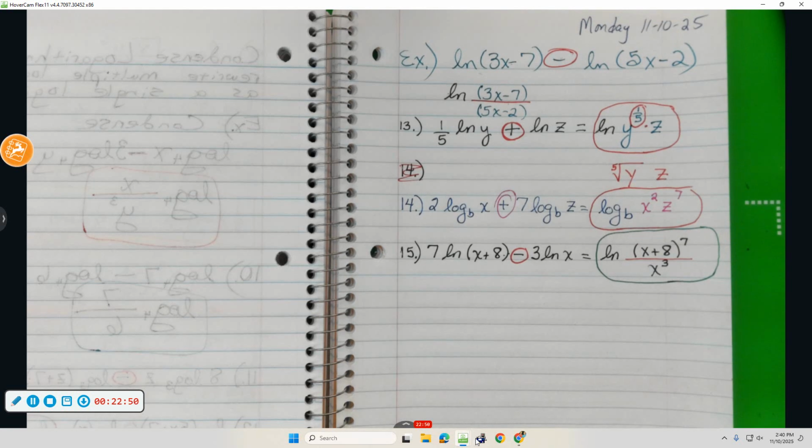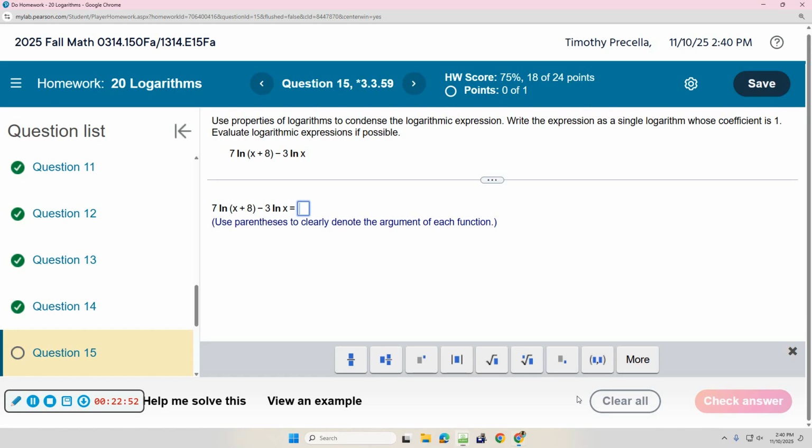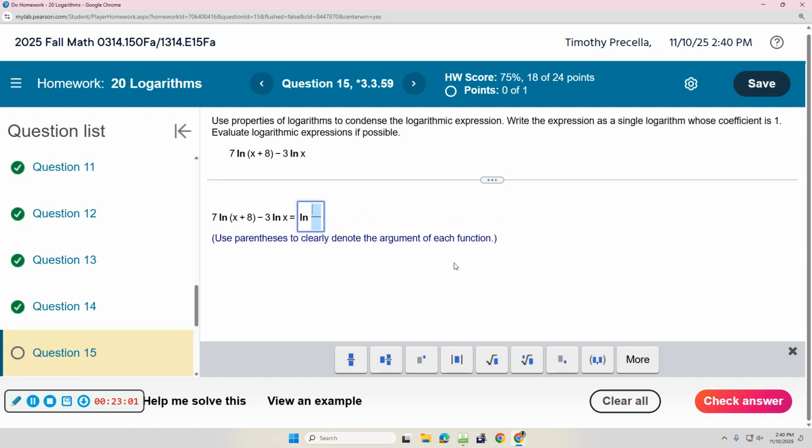So let's see if you can type it in, Tim. Well, I'm sure I can. ln, and then I'm going to use the fraction hot button. Let's just see if I did this. Maybe they'd count it right. They'd count that right. All over x cubed.